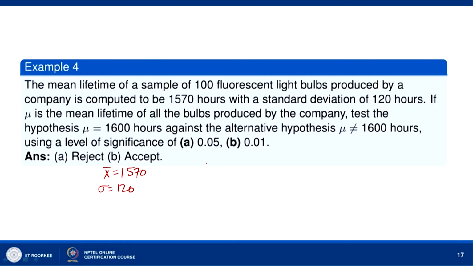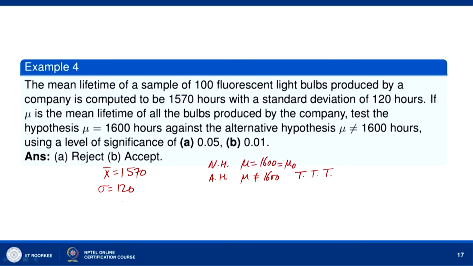So, we have the null hypothesis mu equal to 1600 hours; this is my mu naught. And the alternative hypothesis is that mu is not equal to 1600. So, we are considering a two-tailed test, because we are taking mu not equal to 1600 hours.